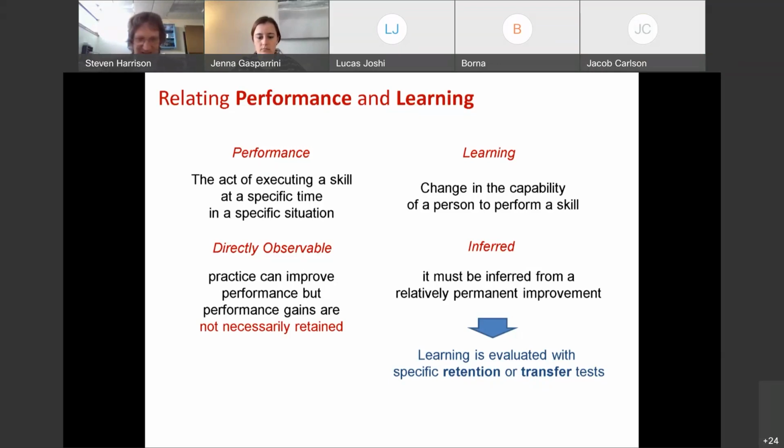We hinted at the significance of context on the previous slide. Why do we care about the term transfer?